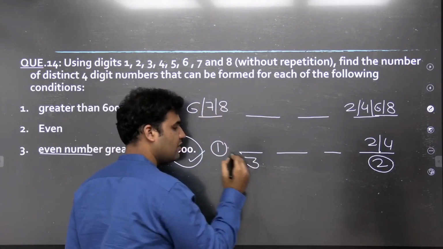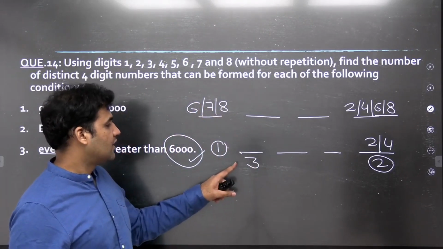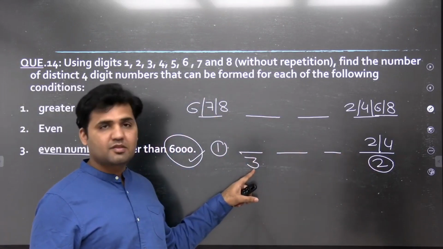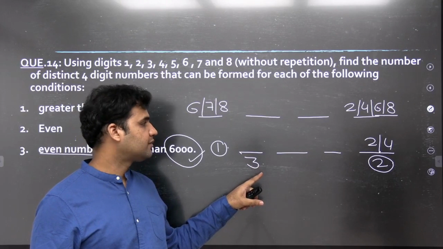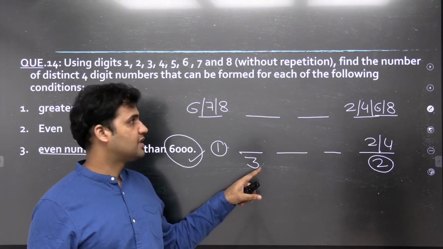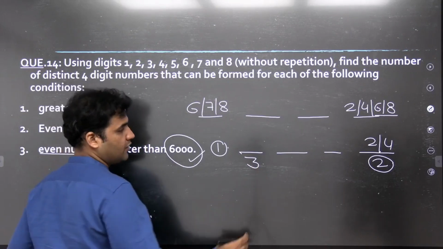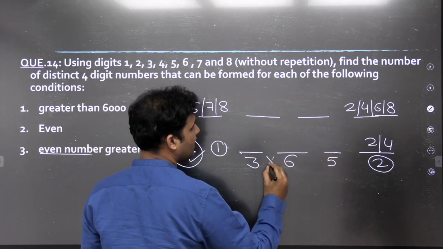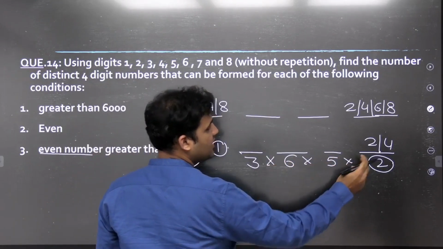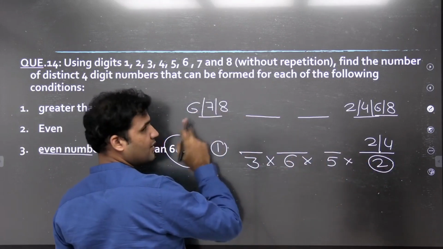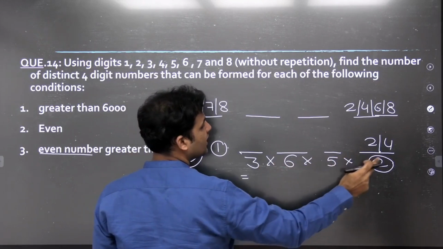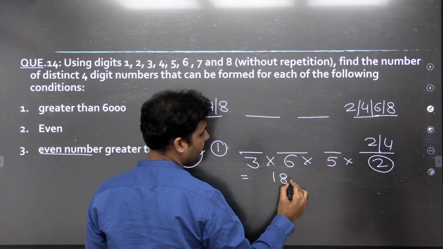So this place can be filled in 3 ways. Okay. Now out of 8 digits, 1 digit is placed here, 1 digit is placed here. I'm left with 6 more digits. So this place can be filled in 6 ways and this place can be filled in 5 ways. So total numbers that will be even and also more than 6,000 will be 3 into 6, 18 into 5, 90, 90 into 2, 180.